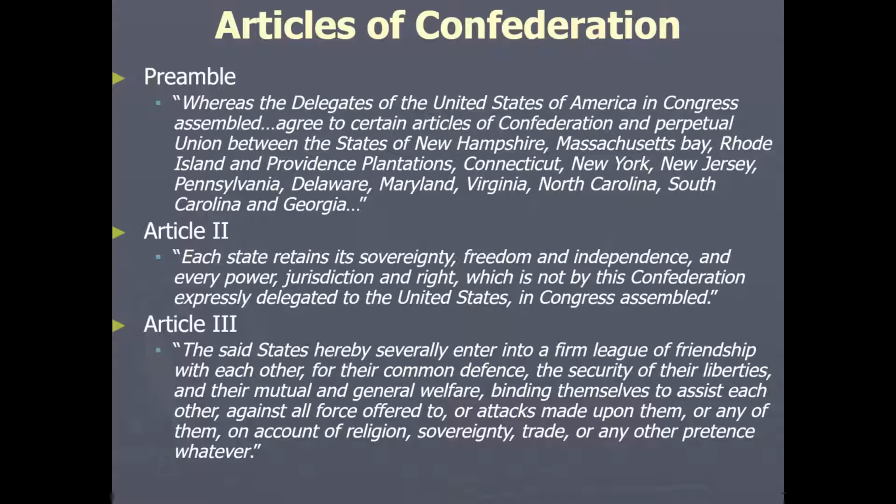But as you see, for their common defense, the security of their liberties, mutual and general welfare, they have common interests, that is, in dealing with the foreign sector, the international affairs, conducting the war against Great Britain, negotiating with France, Spain, other powers, to prevent any invasion. That is their common ground here. And they want to reiterate that, however, each state is sovereign, free, and independent. And they really want to hold on to that.